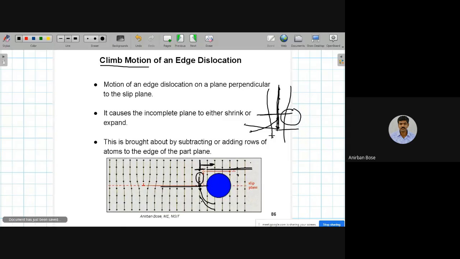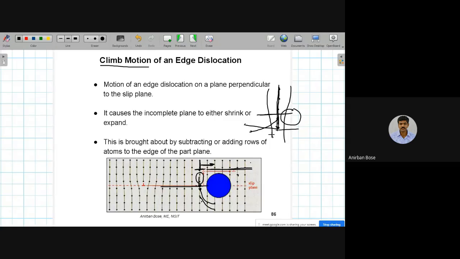So this is the basic idea. But one thing you have to remember, if you want to compare with the slip motion, is that the slip motion is a conservative motion. That means the volume is not going to change because of the slip motion, only the shape is changing. But in the case of climb motion, remember this is not a conservative one.